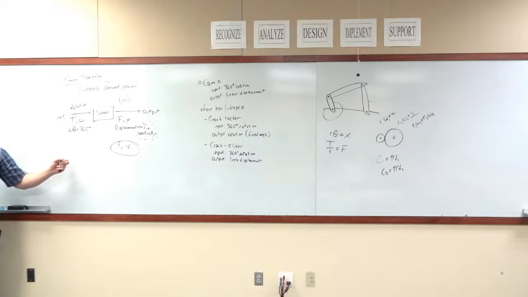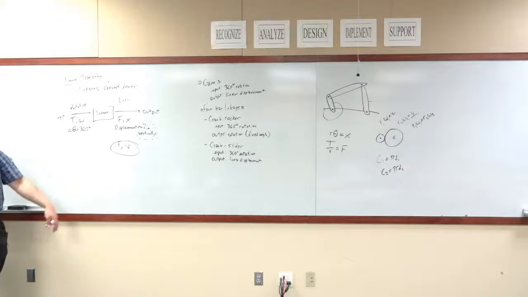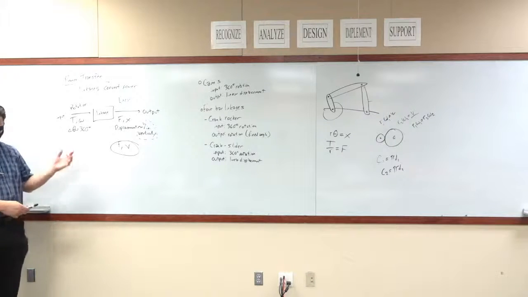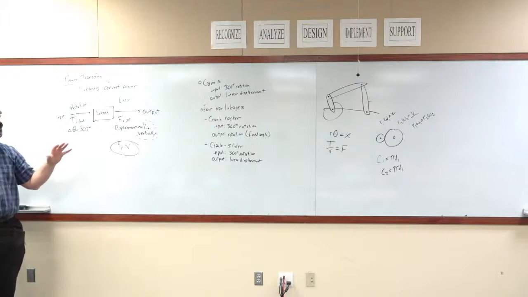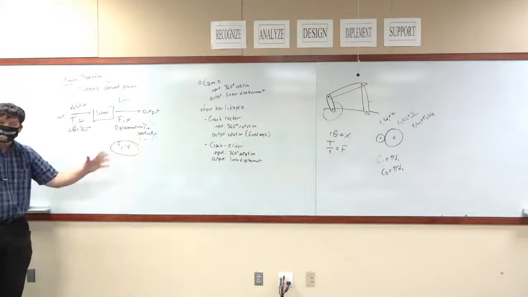Your power in your system does not increase suddenly. You don't just have a place where it jumps. And here's my power generating mechanism. It's a gear. Look at it, it's pretty. You don't have that. What you do have is a constant amount of power being transmitted through your system.